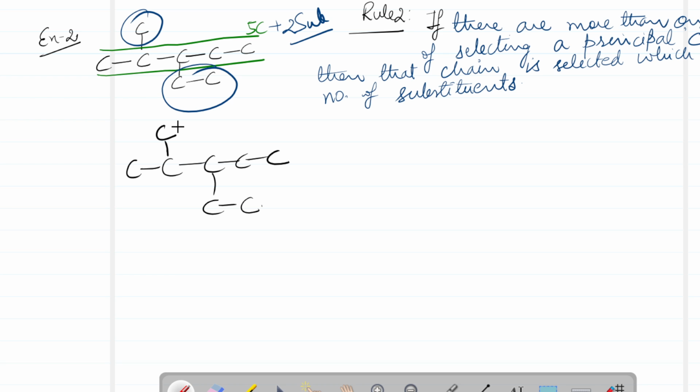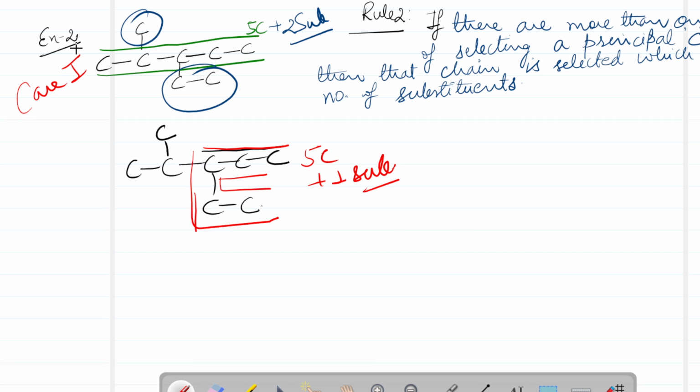If I select the principal carbon chain like that, then there would be 5 carbons plus 1 substituent, right. Let it be case 1, let it be case 2nd.